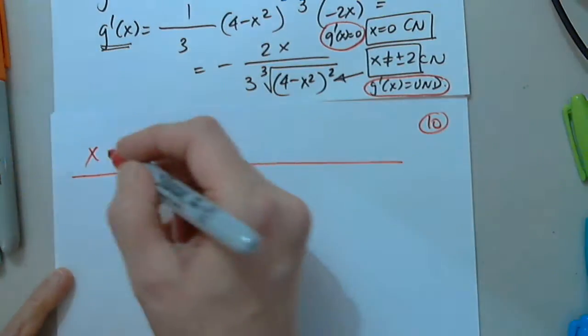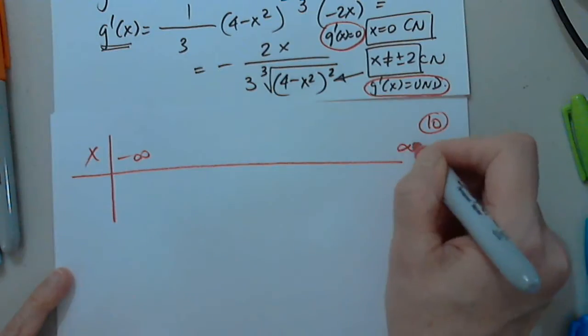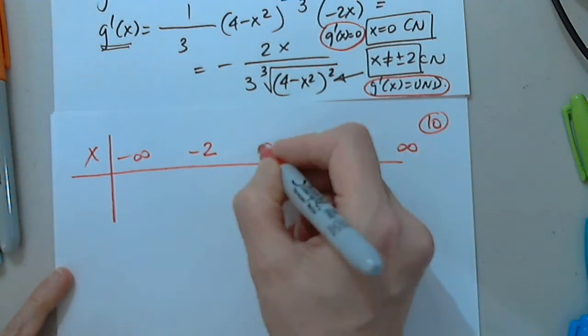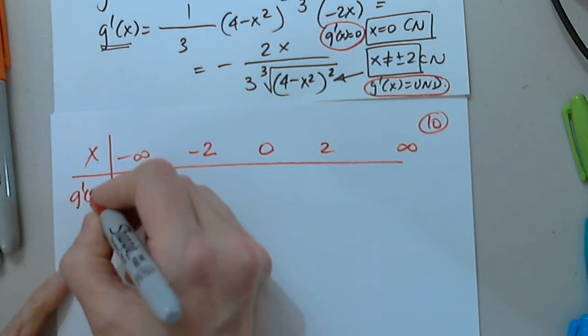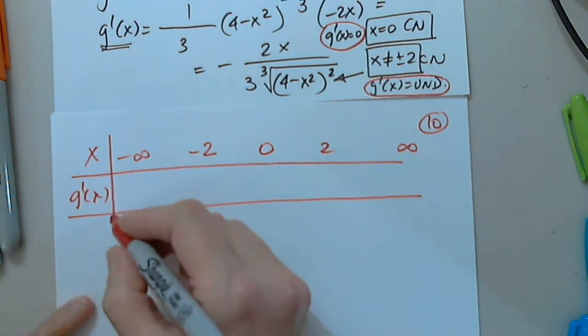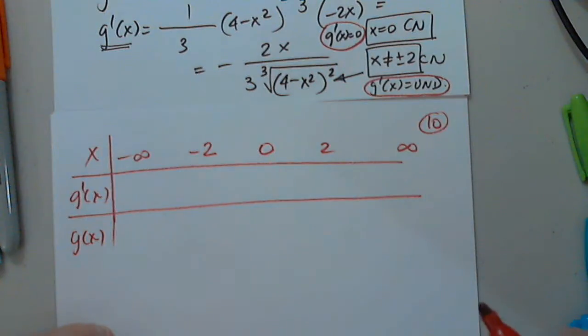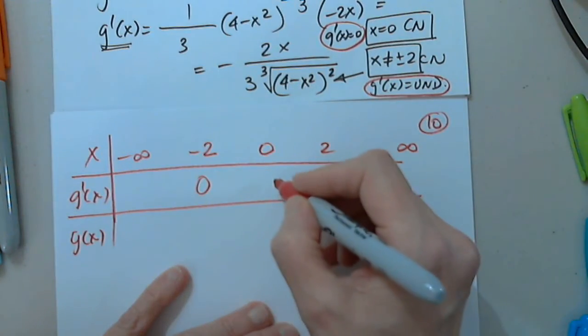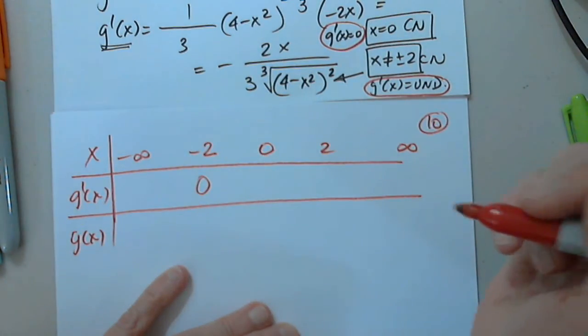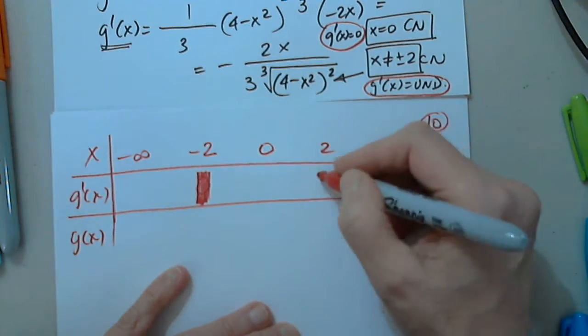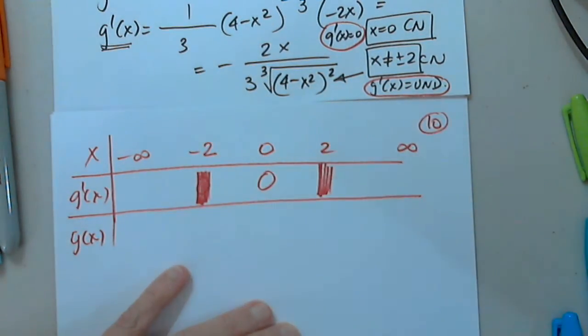Here's x, negative infinity to infinity, and I have negative 2, 0, and 2. I have g prime, and I have g of x. Now I have 0. I have undefined, undefined, and 0.